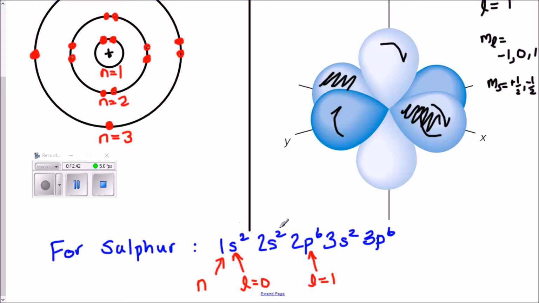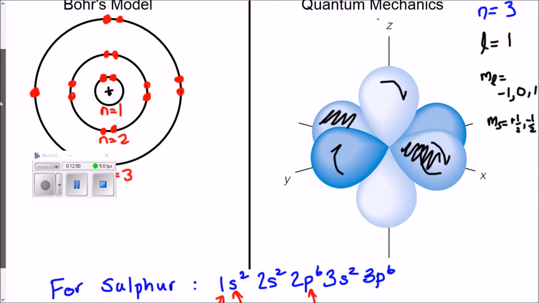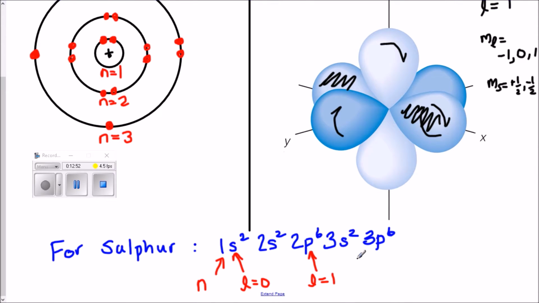If I was asked to highlight the valence electrons, you'd look at the highest energy level. When we looked at the Bohr model, it should have 6 valence electrons. When we look at this diagram, it still has 6. It actually should be 3p4 there, my bad. So in the third energy level, you have an s orbital with 2, and then you have a p with 4.